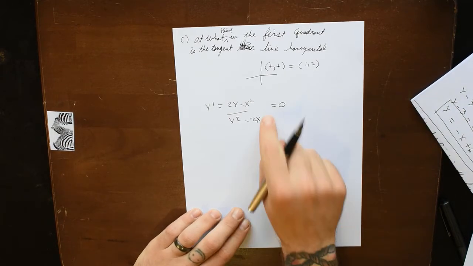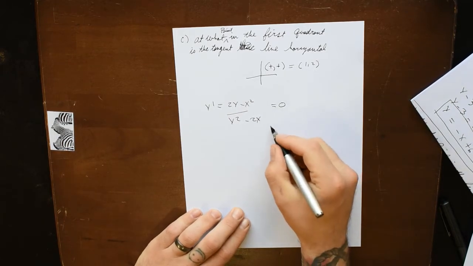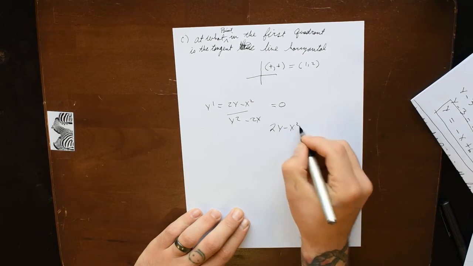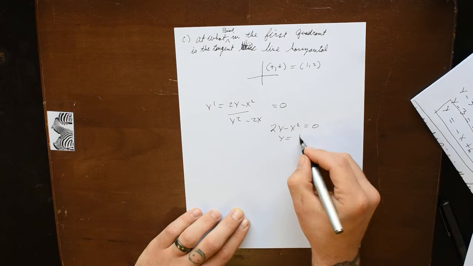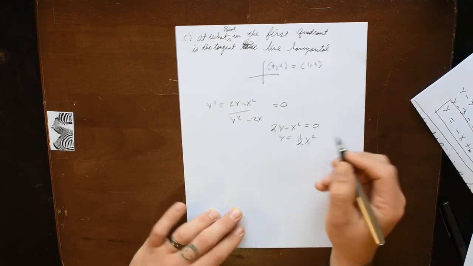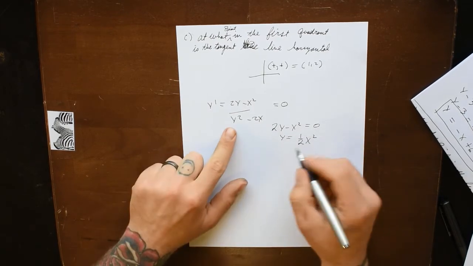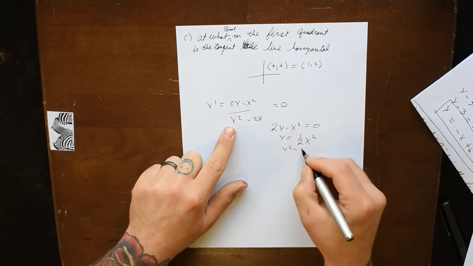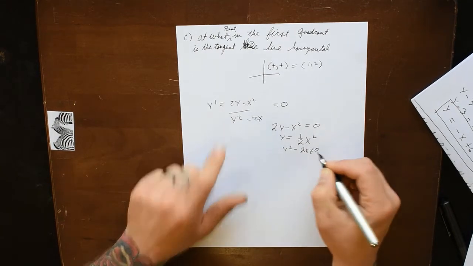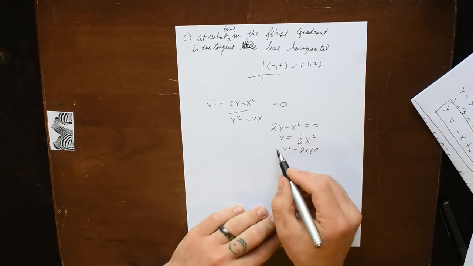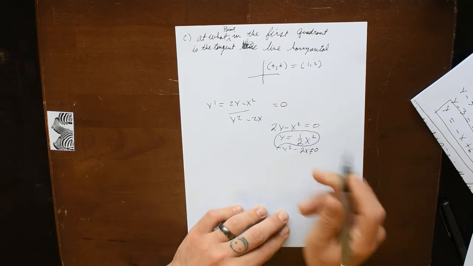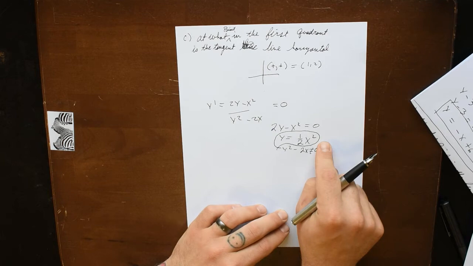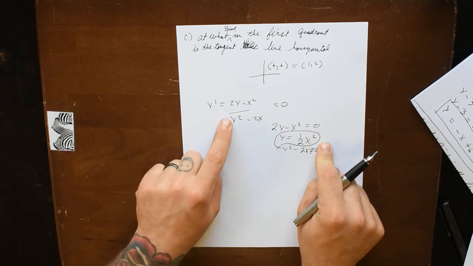Fractions are equal to 0 when their numerator is equal to 0. Or we see solving for y, that happens when y is equal to a half of x squared, provided that y squared minus 2x is something different than 0. So any value that satisfies this relationship will give us a horizontal tangent line.